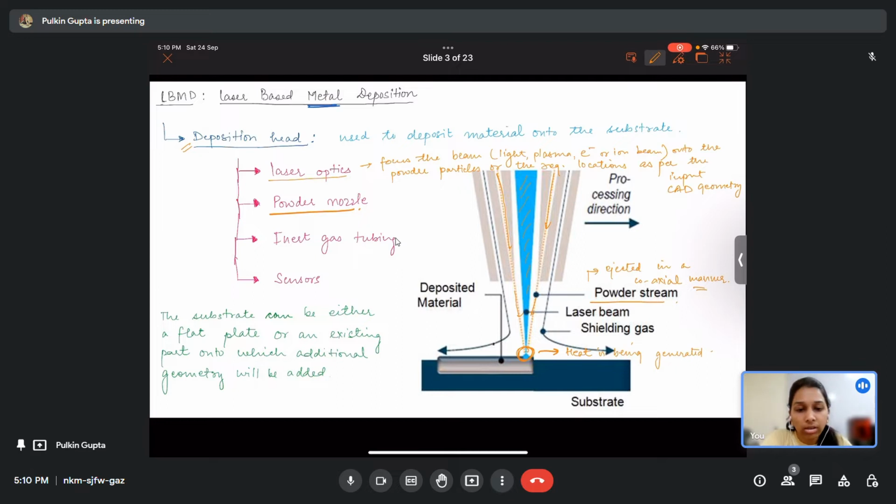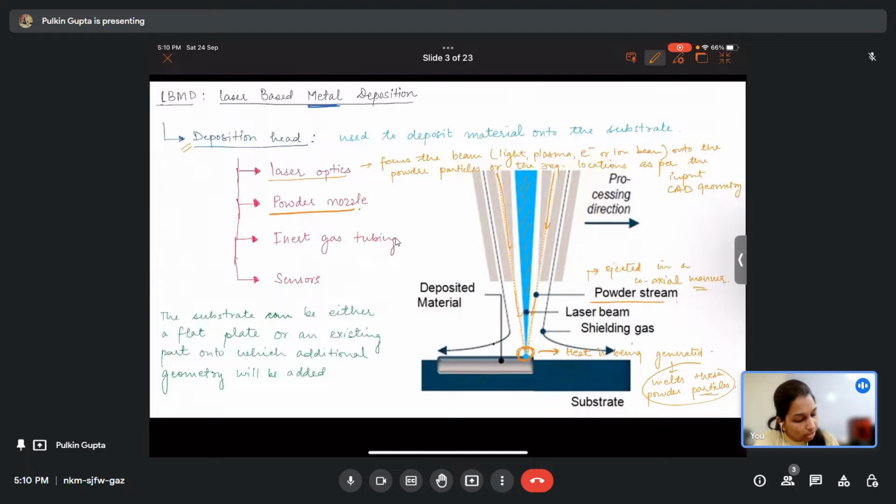So now what this heat will do, this heat will eventually melt these powder particles. Now for metals or any material, since this melting temperature is high, there are high chances of oxidation.